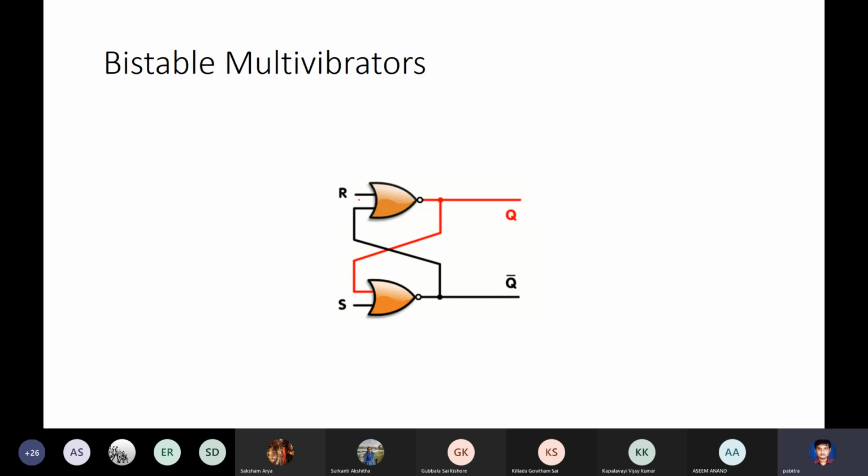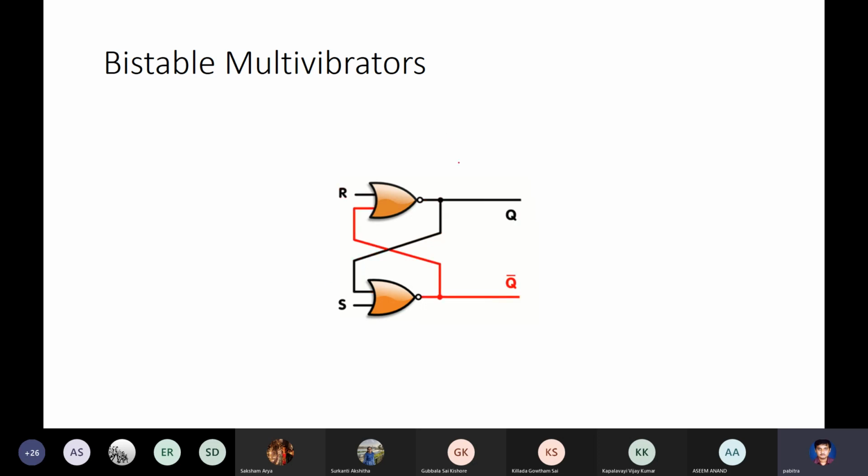So when R is 0, S is 0, let's see what happens. Suppose this Q was already at 1, and R is 0, S is 0.